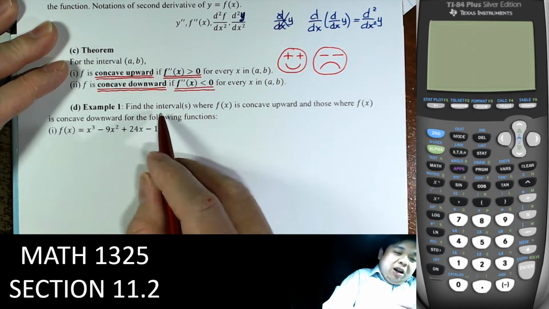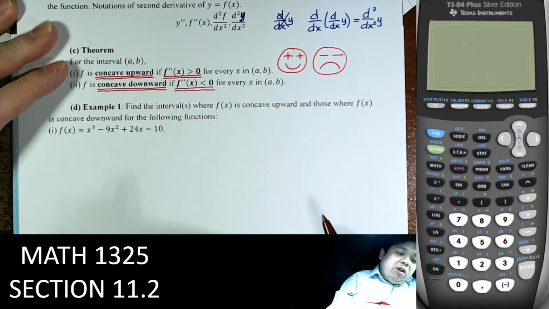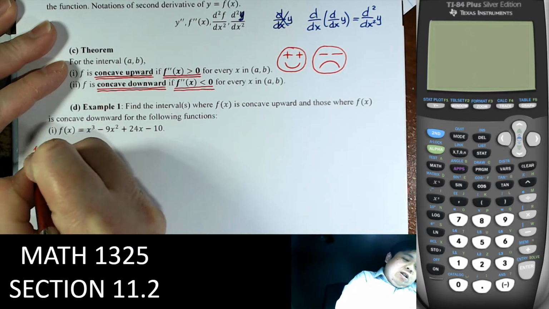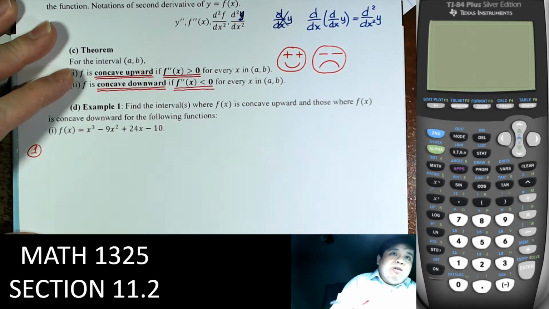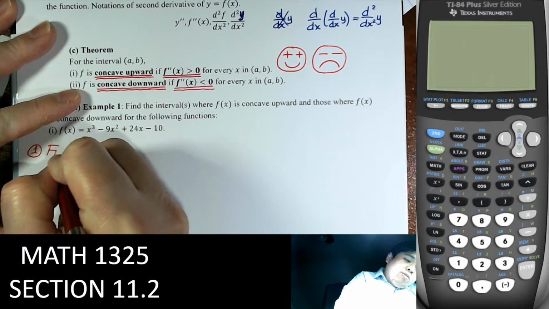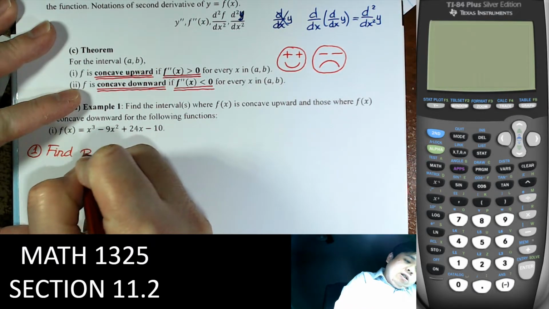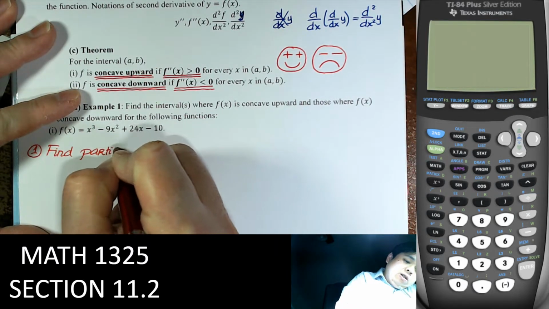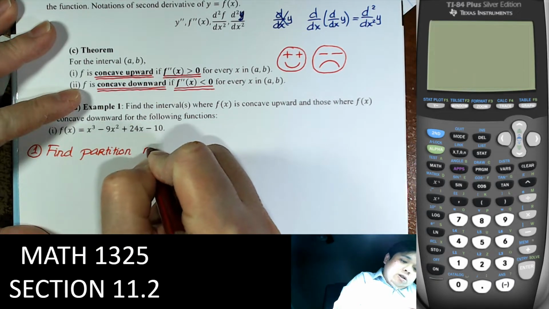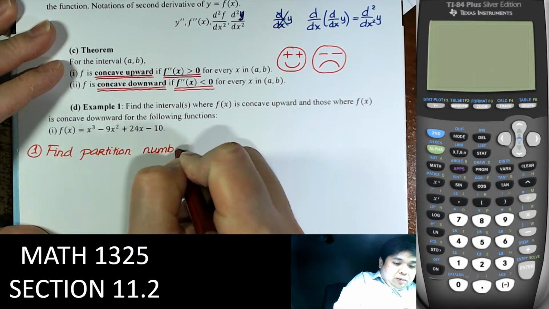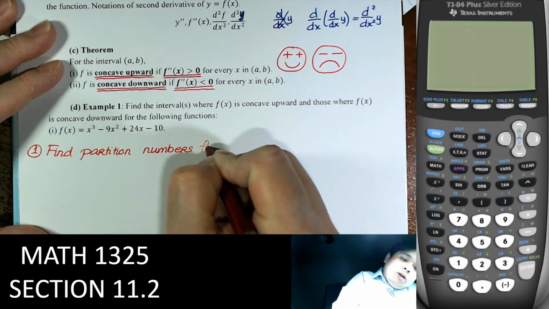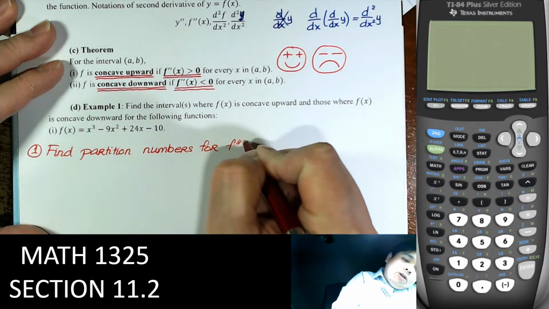So we find the intervals where the function is concave up or concave down. First, we need to find the partition numbers for the second derivative.